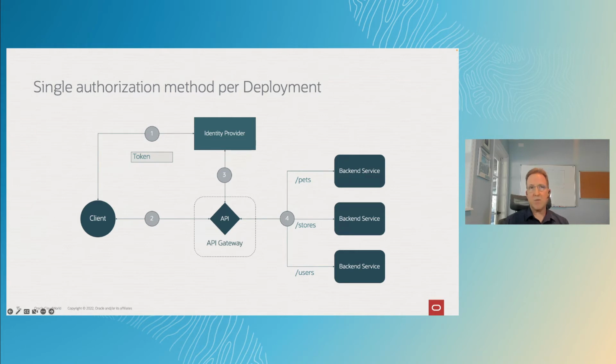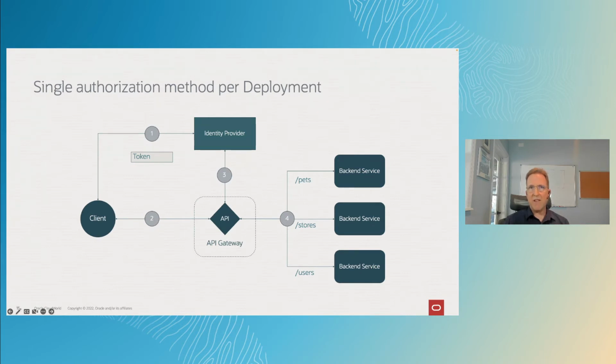So there is a trust relationship between the gateway and the identity provider. If the authorization token is legitimate, it is correct, and that client is authorized or has the appropriate scope to call an API endpoint, API Gateway will go ahead and allow the request through and return the result. But if any of those conditions do not apply, then API Gateway will reject the request and the backend service will not even have to deal with it.